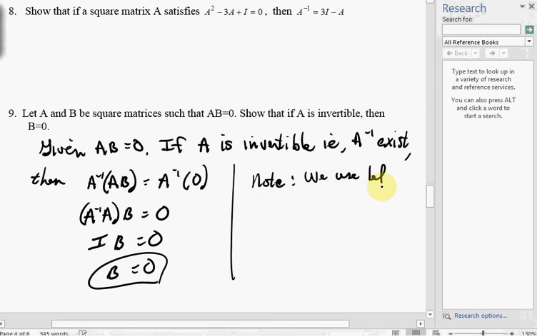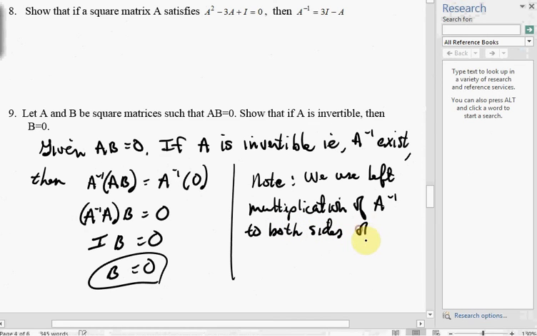We use left multiplication of A inverse to both sides of AB equal to 0. Right multiplication of A inverse will not work.